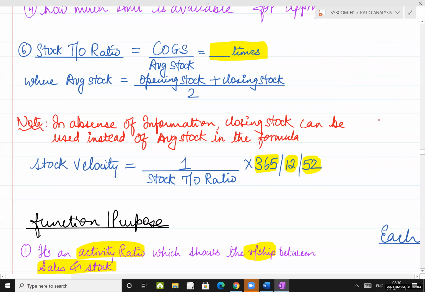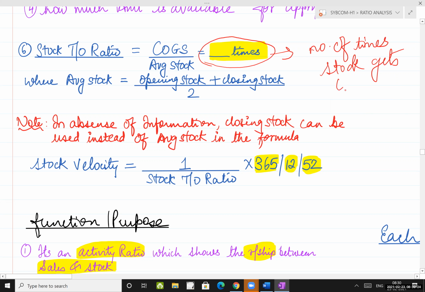So COGS upon average stock. Whatever answer you get will denote the number of times stock gets converted into sales.